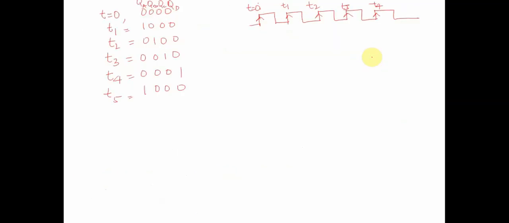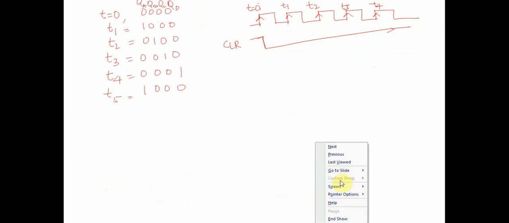What would happen in this particular case is, say at time t equal to 0, before this our clear was equal to 1, we made clear equal to 0 over here. Let's draw it a bit neatly.